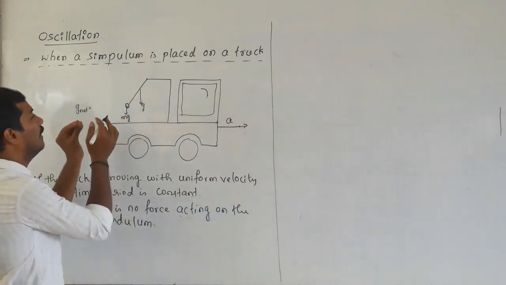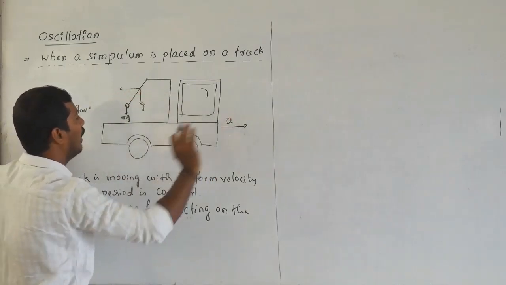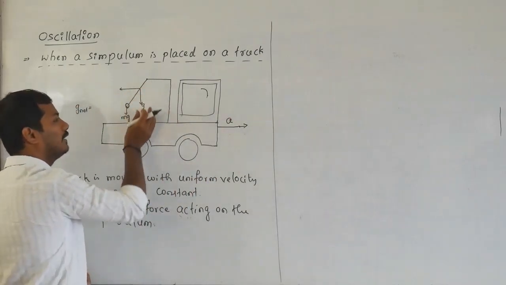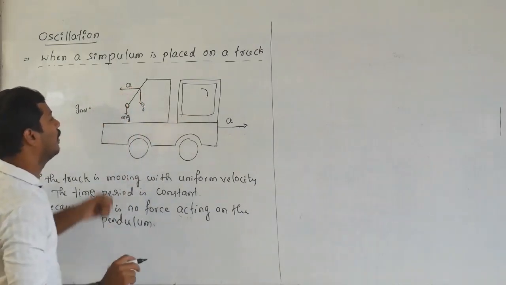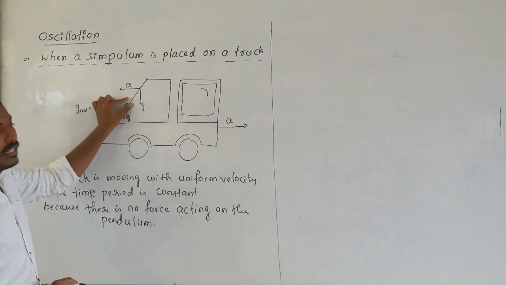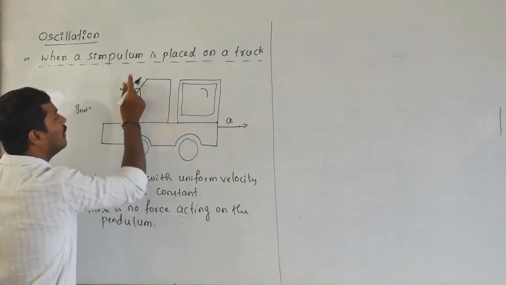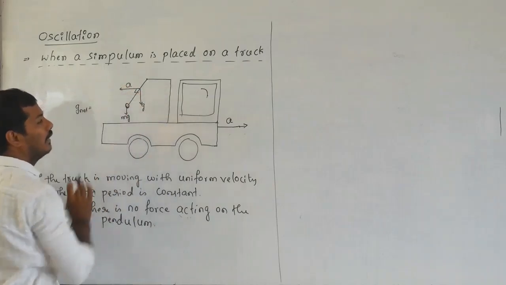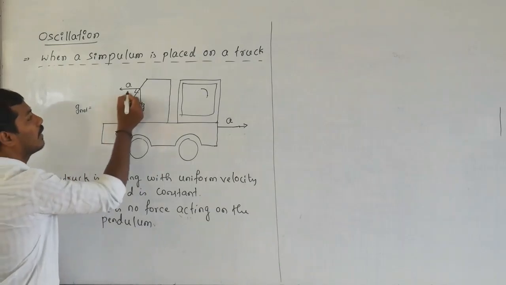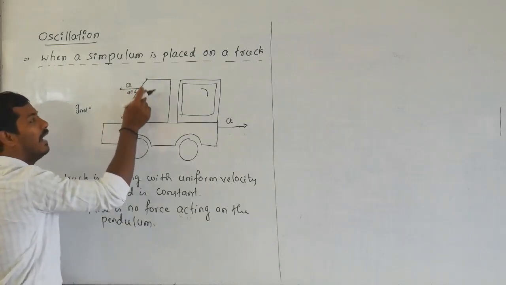The acceleration a is along the x-axis, and along the y-axis there is g. Then this line acts as the resultant of these two. Now this is a right angle triangle. This is the resultant of a and g.